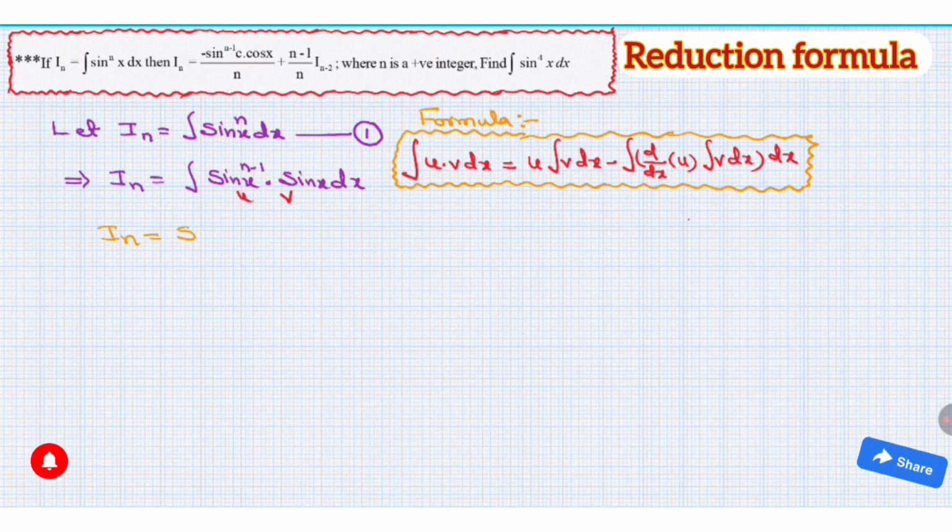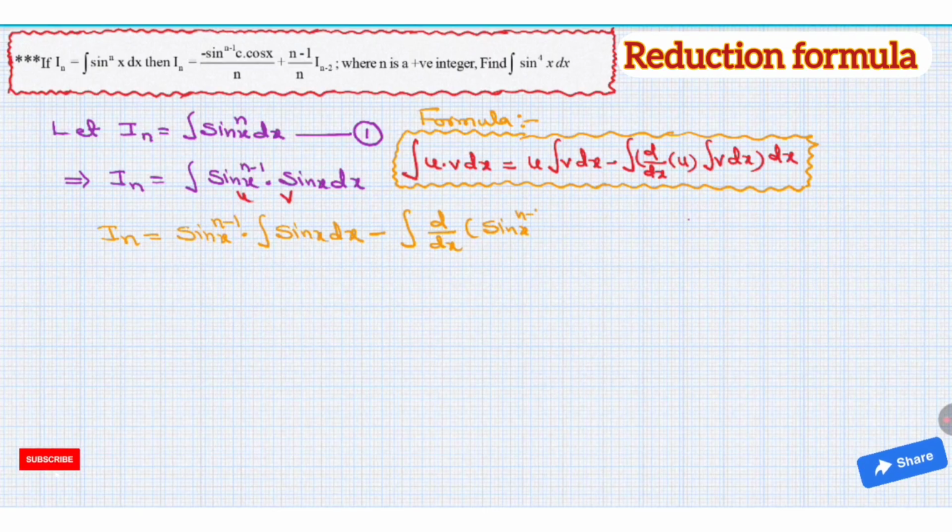Here the u value is sin x whole power n minus 1, into integration sin x dx, minus integration of d by dx of u, which is sin x power n minus 1, into integration v dx, which is integration sin x dx, whole dx.